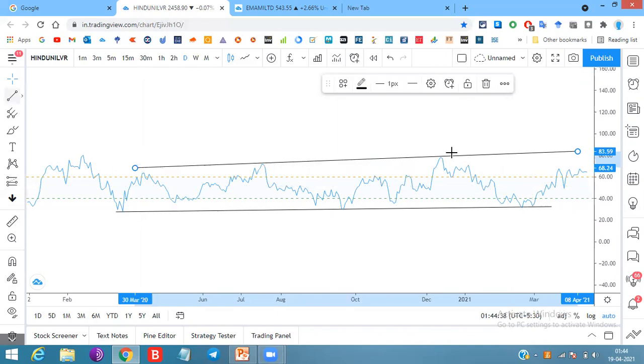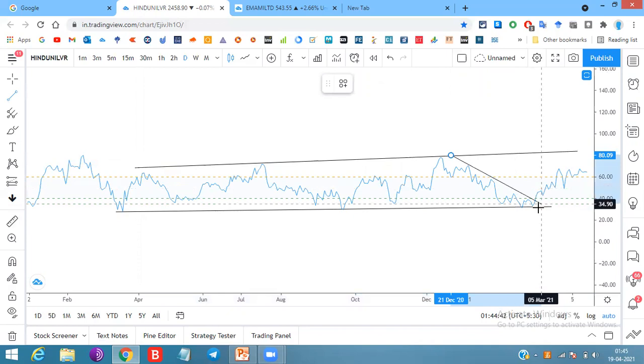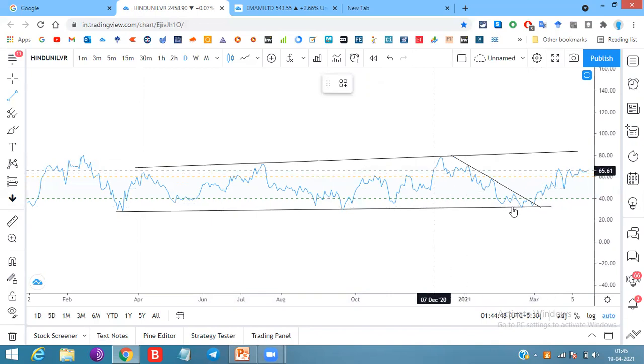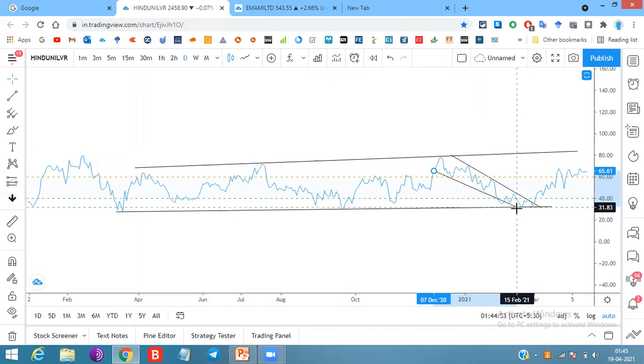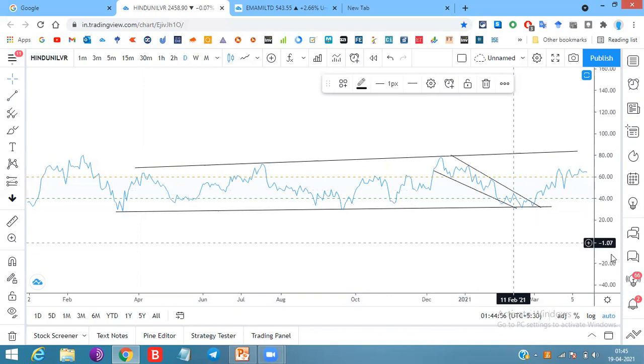Now you could have seen that there is a descending channel somewhere like here. So here too, what could have happened? Yes.